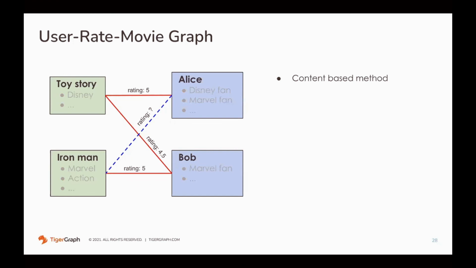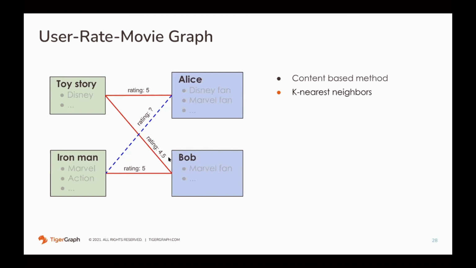But what if we don't have this feature set? What if we just have users, movies, and their ratings? There comes the second method, called KNN or K nearest neighbors. Here in our data, we have Alice with a rating of 5 for Toy Story and Bob with a rating of 4.5 for Toy Story. And we know that Bob has rated Iron Man as well with a rating of 5.